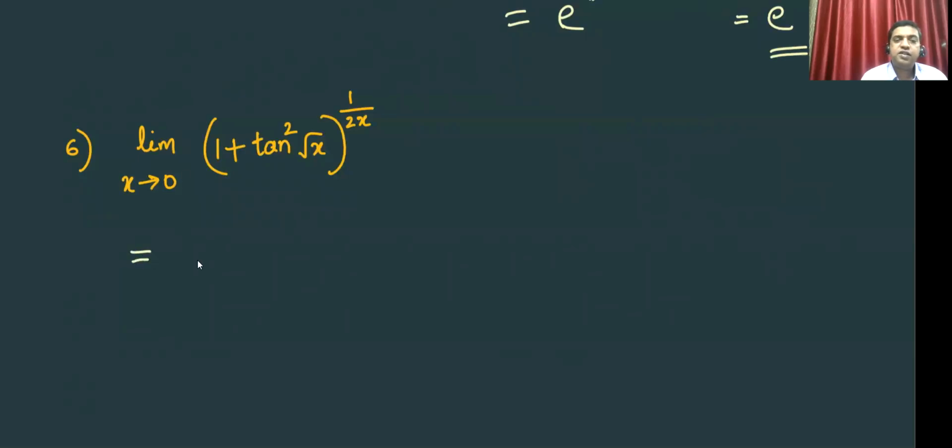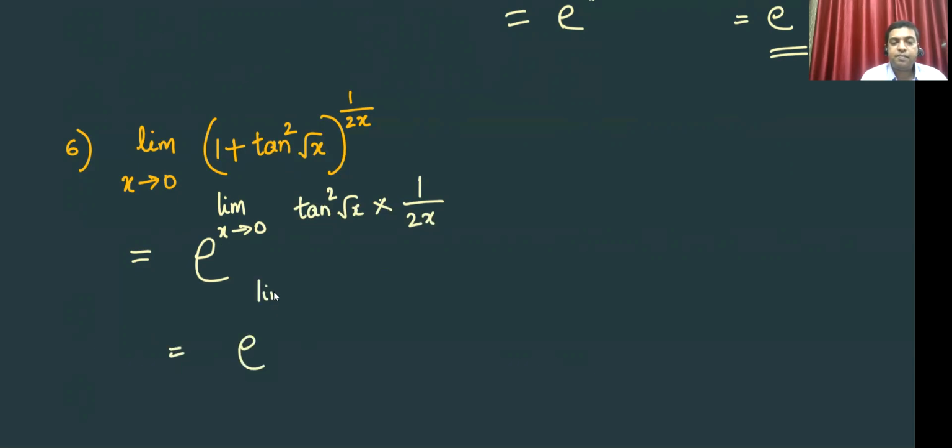Okay. So this is e power limit x tends to 0, the 0 part, tan square root x, into the infinity part, 1 by 2x. So this is e power limit x tends to 0.